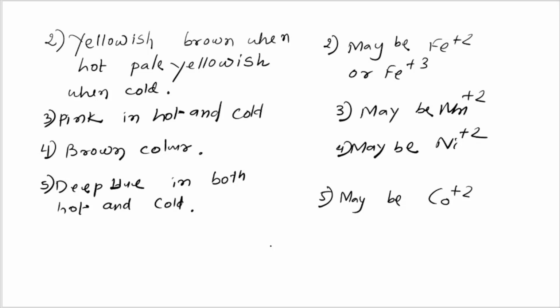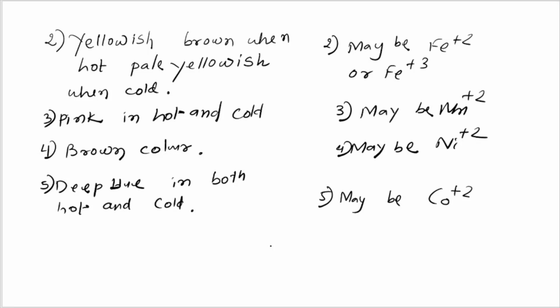That means the dry tests of basic radical are: heating, charcoal cavity, cobalt nitrate, flame test, borax bead test. These are the very important tests from which one may guess what type of basic radical it may be.